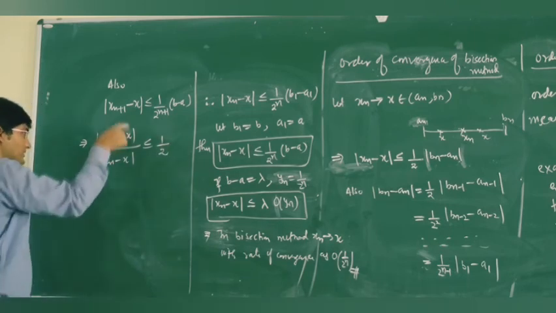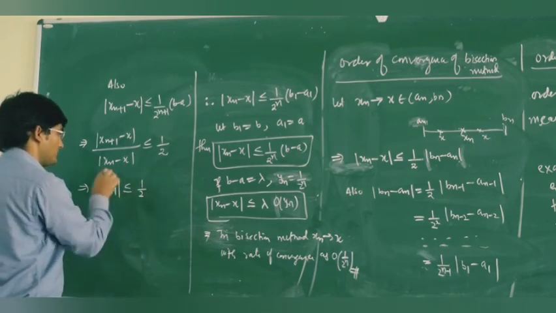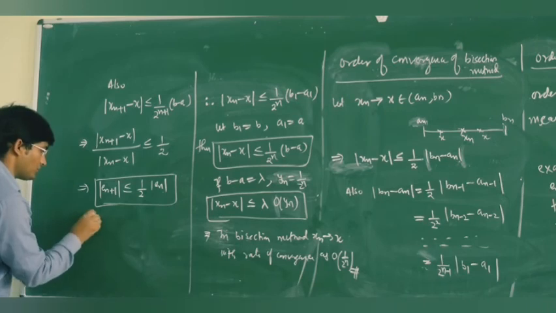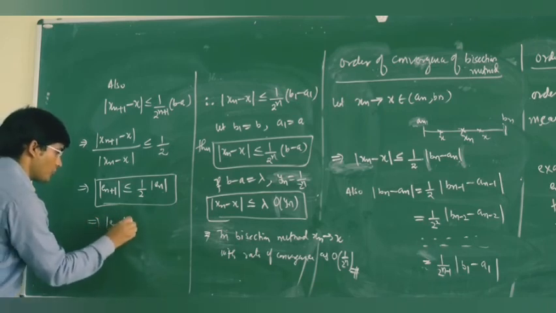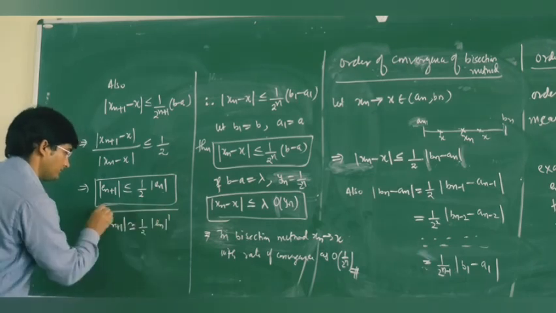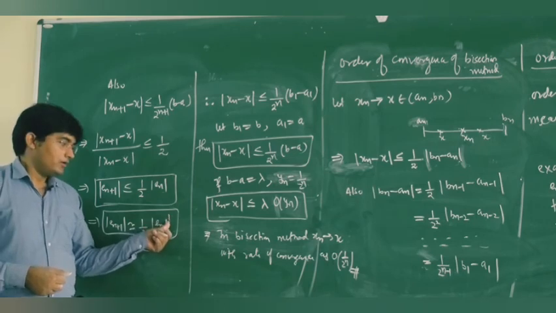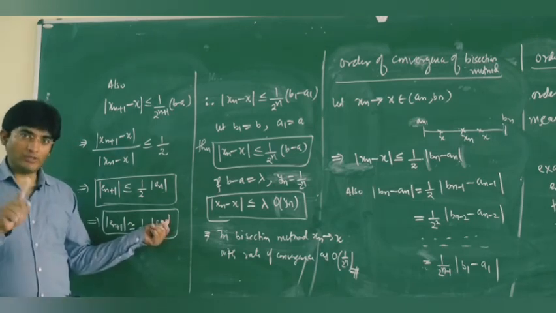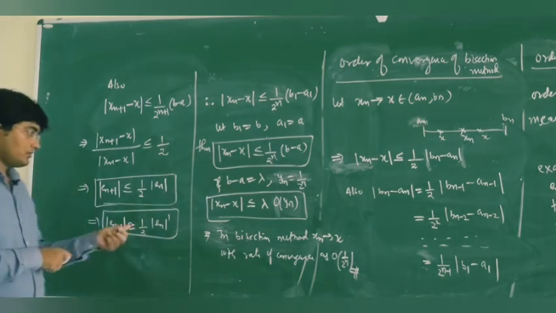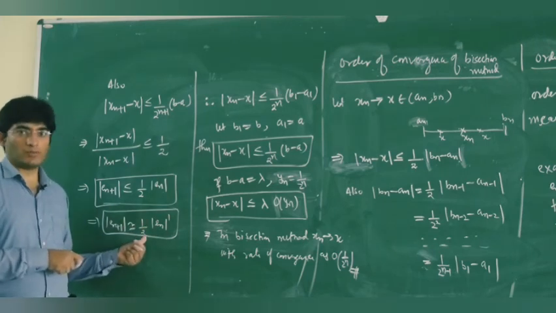So we can write this one as en plus 1, and this one as en. So your en plus 1 is approximately equal to 1 by 2 into en power 1. So here you can see that in place of p we have 1 and in place of lambda we have half. So the bisection method has order of convergence 1 and the asymptotic error is 1 by 2.